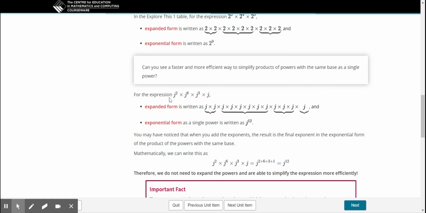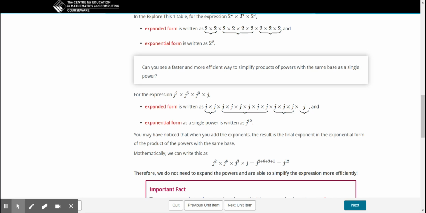So here's the expression. Our base is the variable j. J squared multiplied by j to the exponent 6 multiplied by j cubed multiplied by j. Remember, this implies exponent 1. If we were to write these in expanded form, we end up with a very, very long expression because we have to do these 2 times, and then 6 times, 3 times, and 1 time.